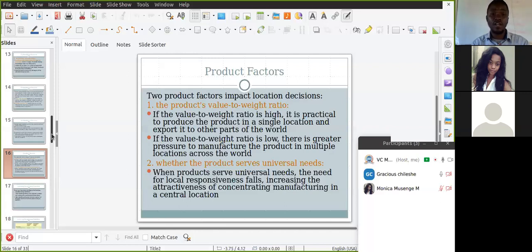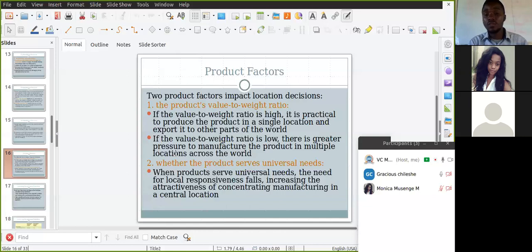And if the value is high, if you decide to have a firm in Europe, you would decide to have your firm in a single location, because that is going to better your business at the end of the day, because you'll be able to retain higher revenues from the value to weight ratio.